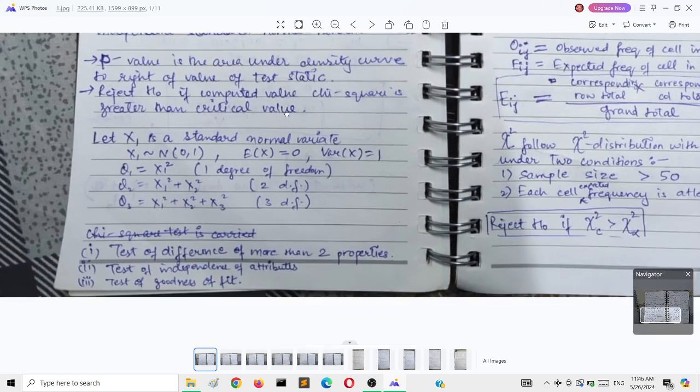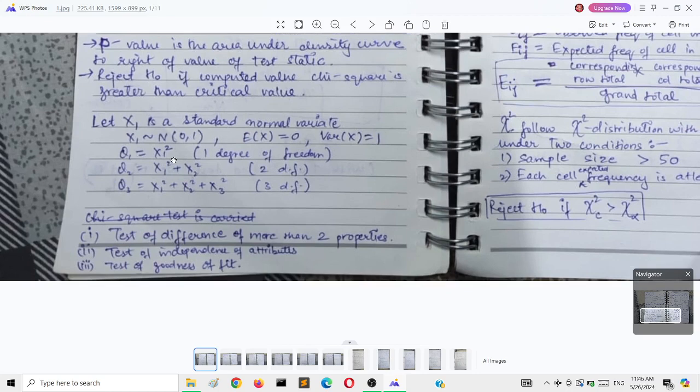So let x1 be the standard normal variate, following a normal distribution with mean 0 and variance 1, right? Now we take the expectation of x to be 0 and the variance of x to be 1; expectation is nothing but the mean in layman's terms.